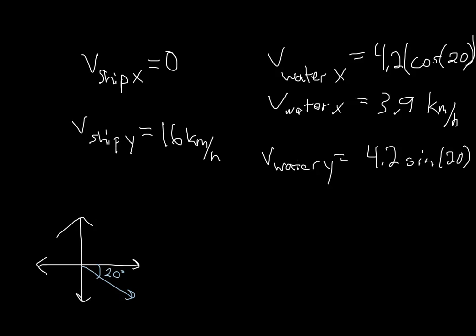So it should have a different sign, shouldn't it? Yeah, if I draw out these vectors, I have one going to the right, and I have one going down for the water. So that down one should be negative. So we want to put in a negative 4.2 sine of 20. V water in the Y direction, also called V water y. Okay. Multiply this out and you'll find negative 1.4 kilometers per hour.